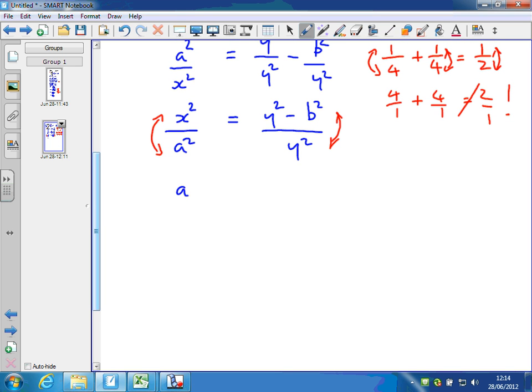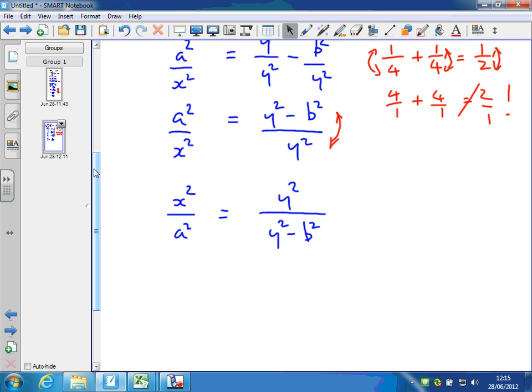So now a squared, sorry, I had here, hadn't I? I'd already flipped it by mistake. So a squared over x squared equals that. So now I invert both sides and I get x squared over a squared equals y squared over y squared minus b squared.